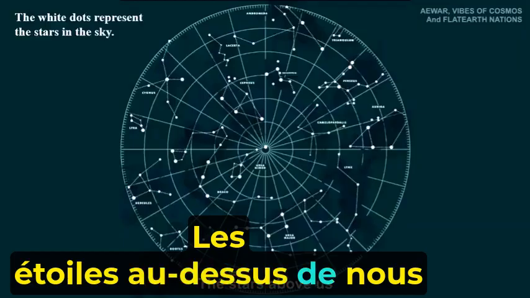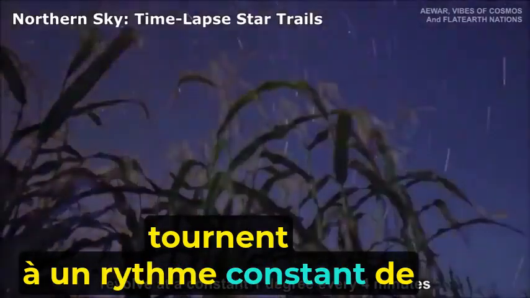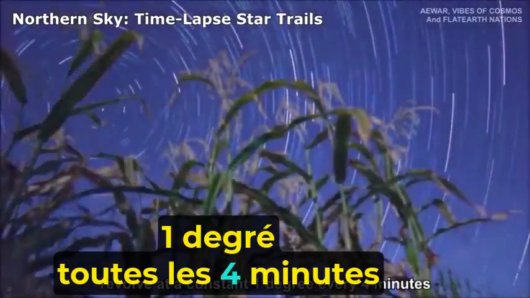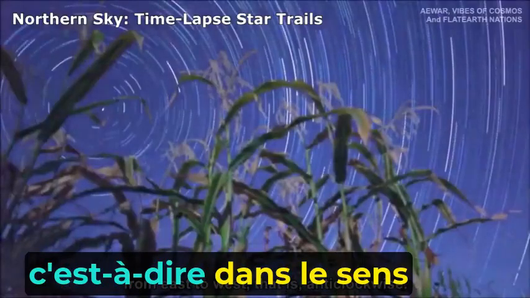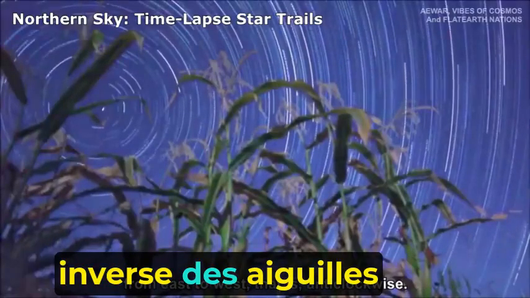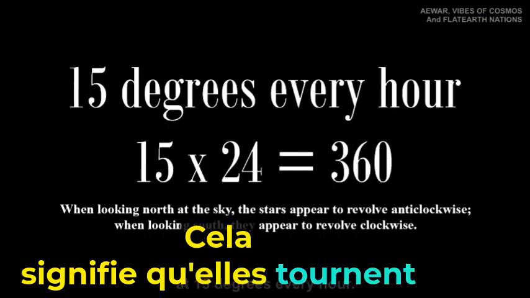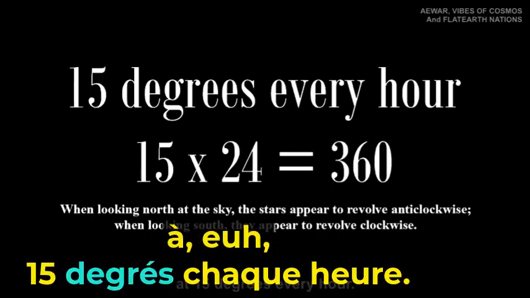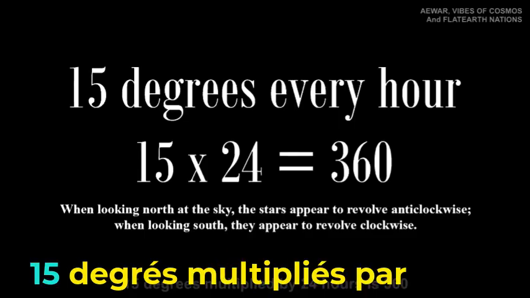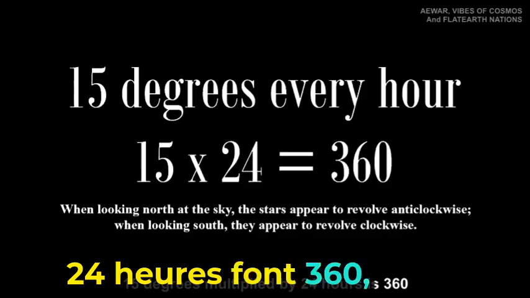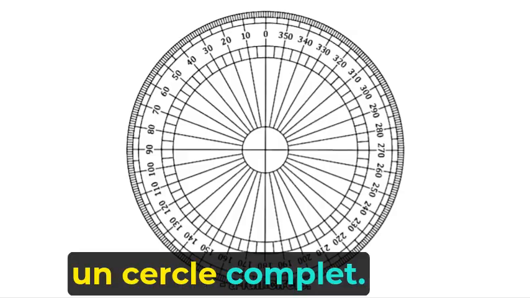The stars above us revolve at a constant 1 degree every 4 minutes, from east to west, that is, anti-clockwise. This means they revolve at 15 degrees every hour. 15 degrees multiplied by 24 hours is 360, a full circle.